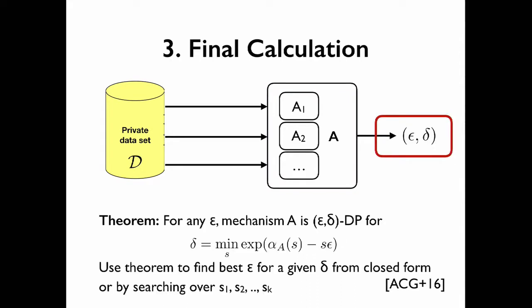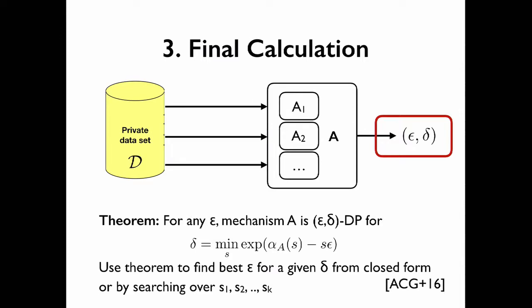And finally, the third step, we are still in the realm of moments, is to do the final privacy parameter calculation. Again, Abadi et al. showed a theorem which shows that the privacy calculation can be done by solving the following equation. Delta is the minimum over s of e to the alpha A of s minus s times epsilon.